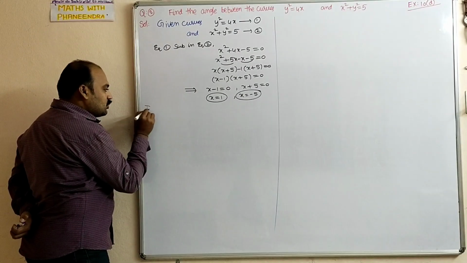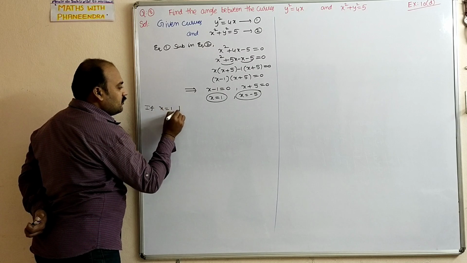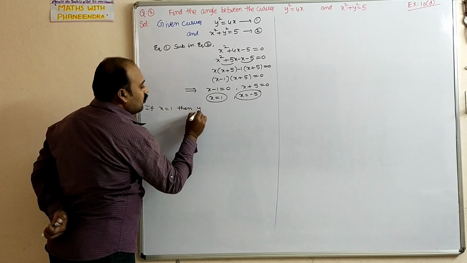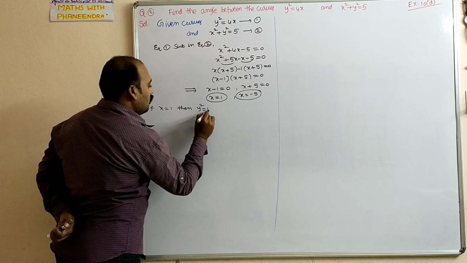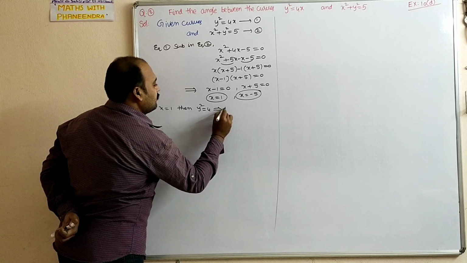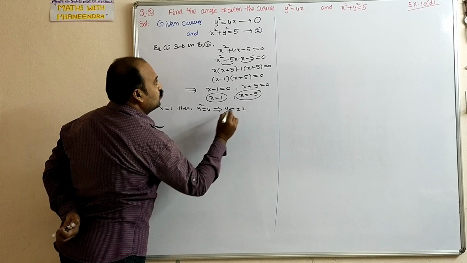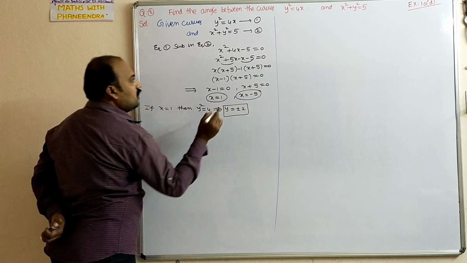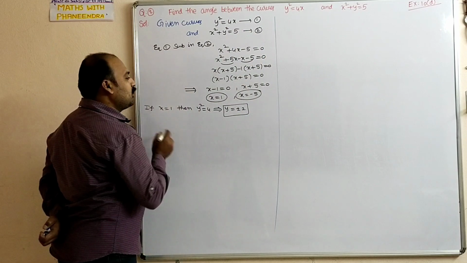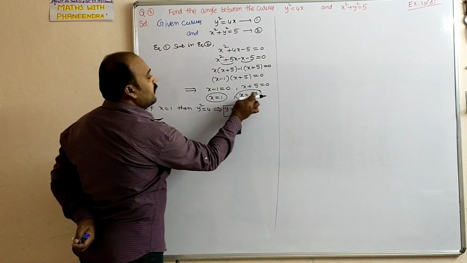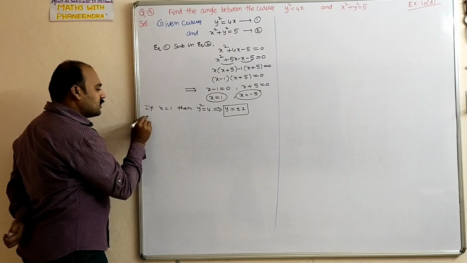If x is equal to 1, then y square equal to 4. That implies that y is equal to plus or minus 2. Even if you substitute x is equal to 1 in the other equation also, you will get the same. No need to do it.